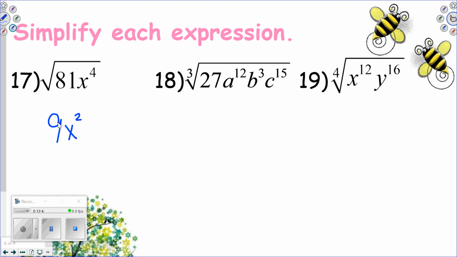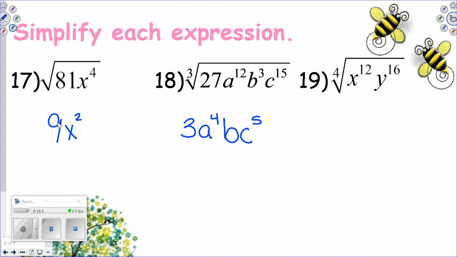Cubed root of 27? Cubed root of a to the 12? For anyone not sure what these numbers are called, cubed root of 27. Yeah, you can put that in your calculator. For the numbers, you can just type the numbers right in there.